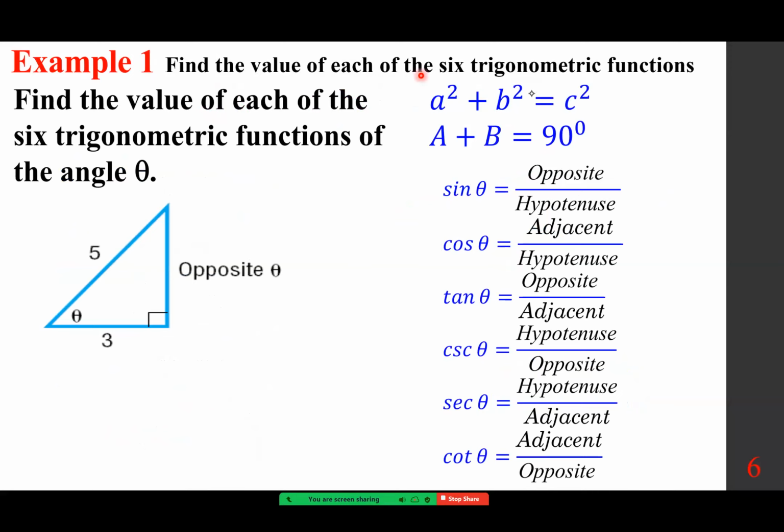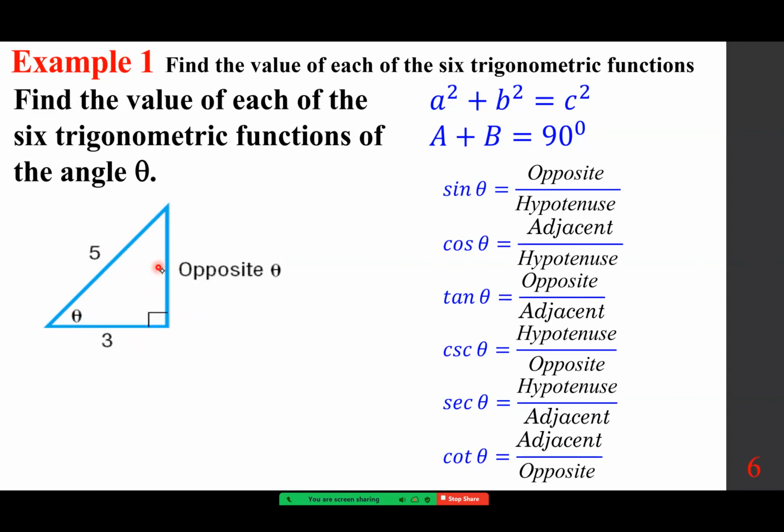Find the value of each of the 6 trigonometric functions. Well, this is theta. Opposite theta is this side. Adjacent to it is this side. The longest side opposite the 90-degree angle is called the hypotenuse.